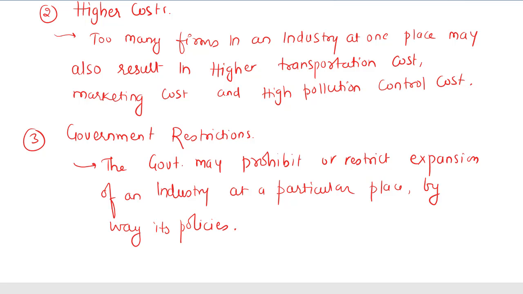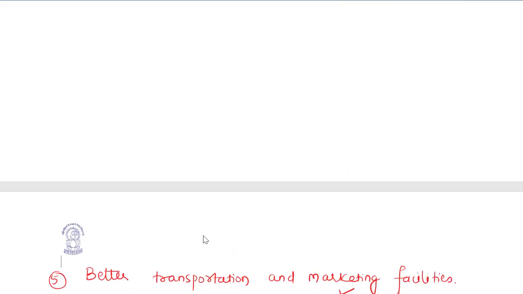The policies could be: let's not increase the pollution level in this place, we don't have more space over here, the city is congested, so let us not allow the industries to develop over here, go to some remote areas. So government can think and make policies like that.